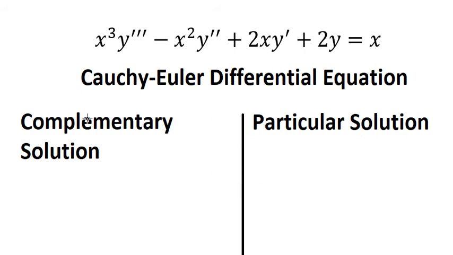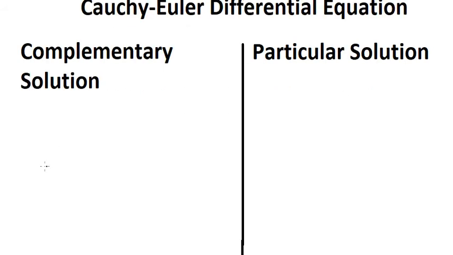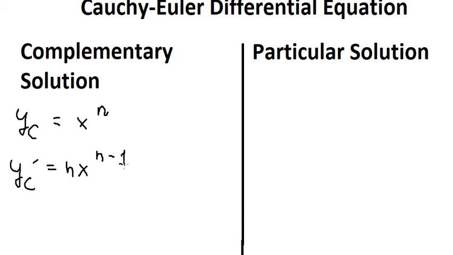About the complementary solution, I will put yc equals s to the power of n. Now if I do the first derivative of this, you get n s to the power of n minus 1.